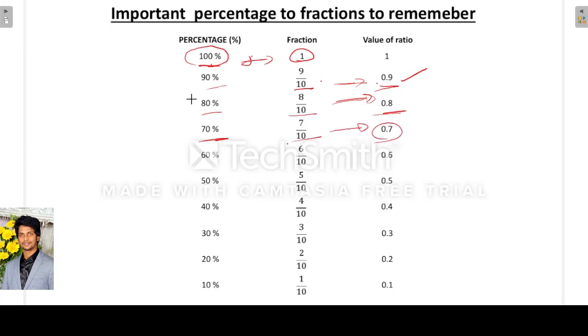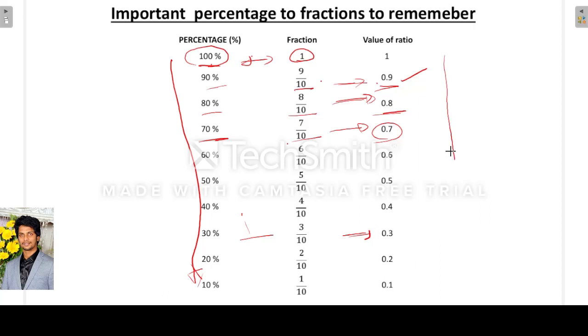So like this, you can just pause the video and go through once, and even remember these things. 30% means 3 by 10, and it is 0.3. So like this, just pause the video and either note them down or remember them by looking at the screen itself.